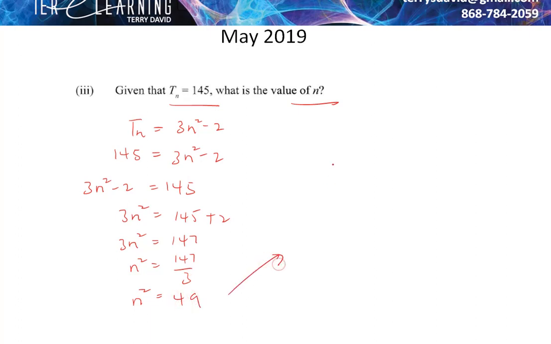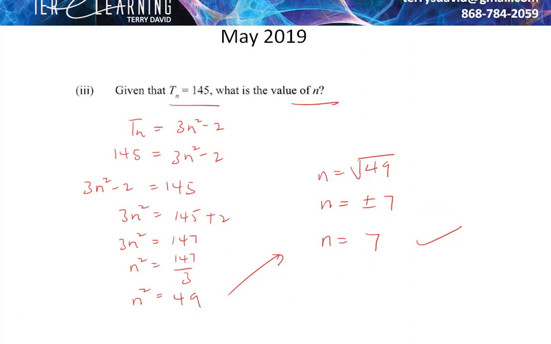So therefore n is equal to the square root of 49. So therefore n is equal to plus or minus 7. But all we're concerned about is the positive value because we are talking about the nth term of a sequence. So the nth term has to be positive. So the value of n in this case is 7.